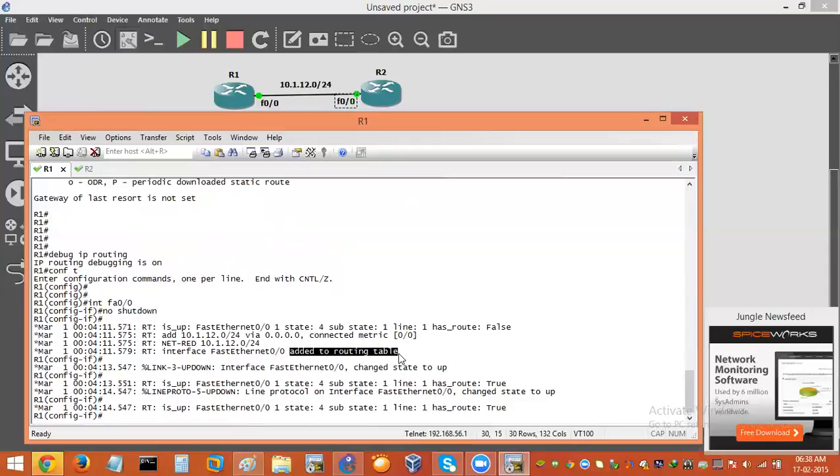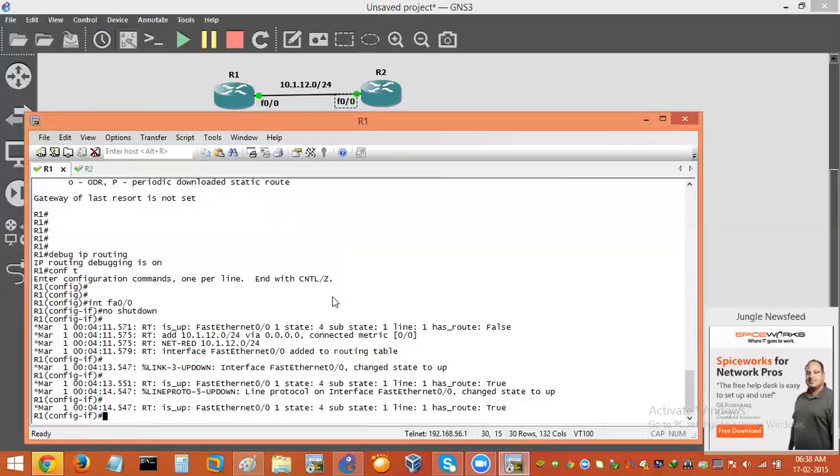So as I told you, we need three information: network, network mask, and the exit interface. So we have network 10.1.12.0, we have subnet mask /24, and we have exit interface FastEthernet 0/0. Guys, if you check this, these three information that you have right now, the network, mask, and the interface, which is FastEthernet 0/0 in this case, are taken from where?